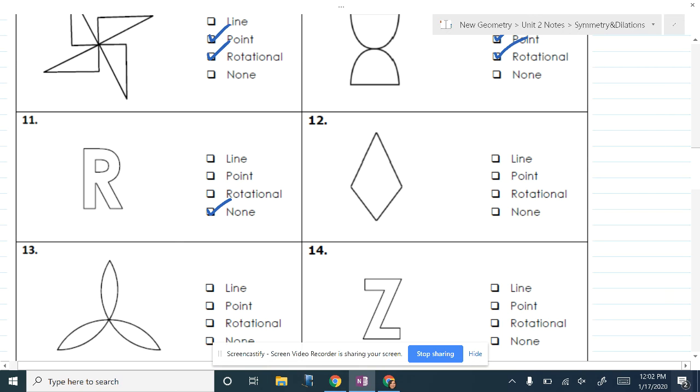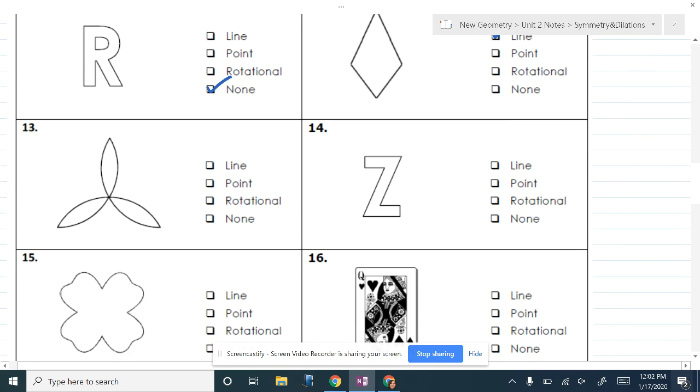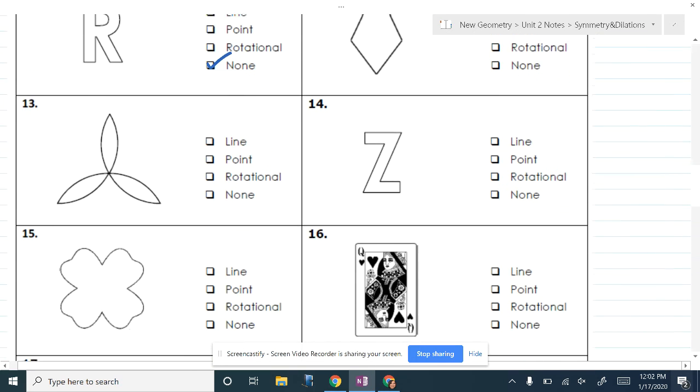Number 12 is a quadrilateral. This is actually called a kite because two sides are congruent, and the two adjacent sides are congruent as well. If I draw a line through the center vertically, I do have line symmetry. It does not look the same upside down, so it does not have point symmetry. Same with rotational. So line is the only symmetry number 12 has.